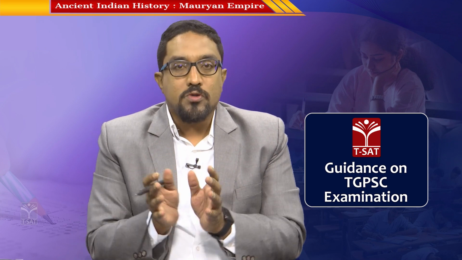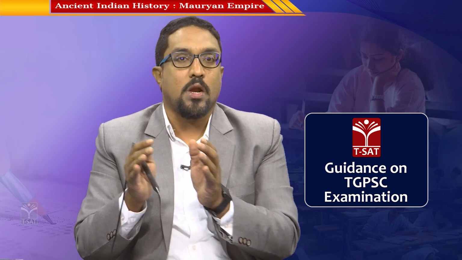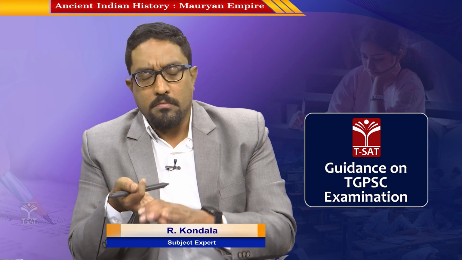Mauryans created a homogeneous society where people followed only one culture, one tradition, one model, like one nation, one state, one kingdom. But thanks to post-Mauryan people, we had a lot of external invasions from Greeks, Central Asia, the Shakas, Parthians, even Chinese, Kushanas.